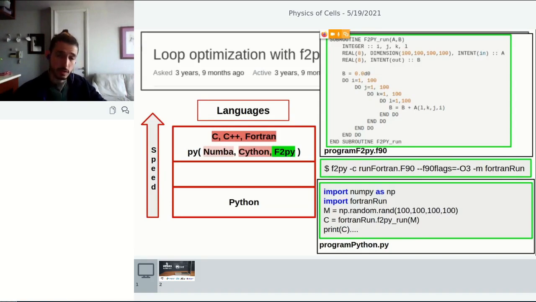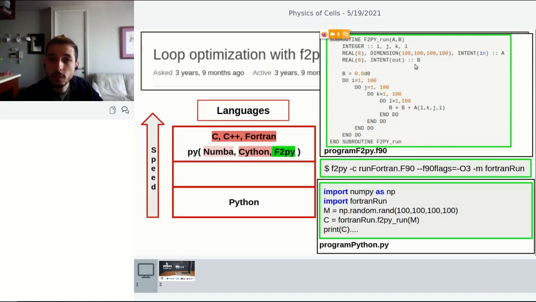The F2py is probably the most tricky one because you have to know some specific things. For example, when you are declaring a subroutine here, you have A and B, and B is what you're going to return. So instead of writing a return like in C or in Python, you declare it inside of the subroutine as an intent out, and the A as intent in. And when you call the Fortran module here, you see that you are not passing two arguments.